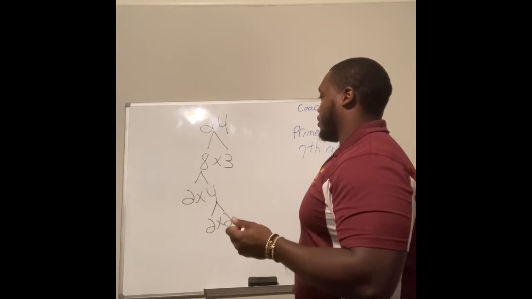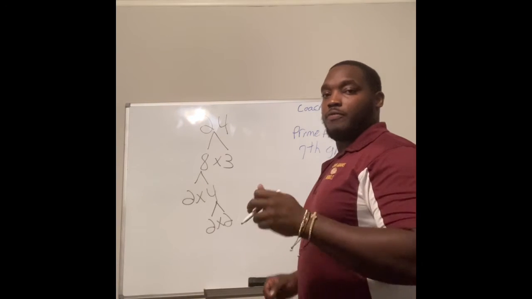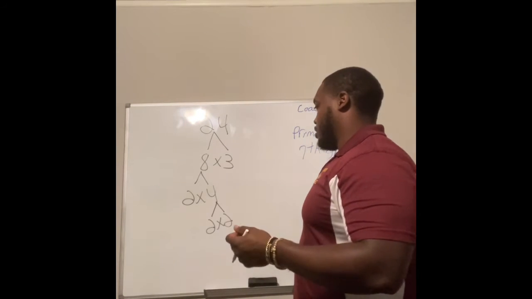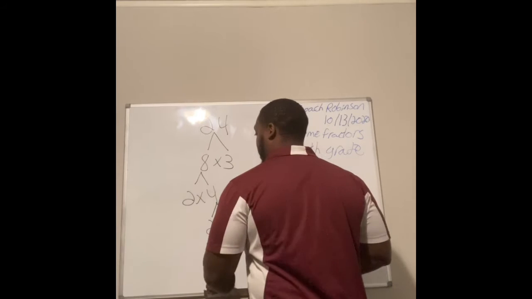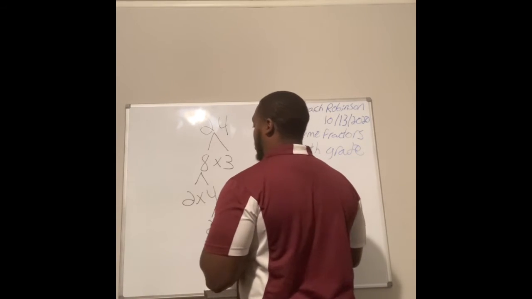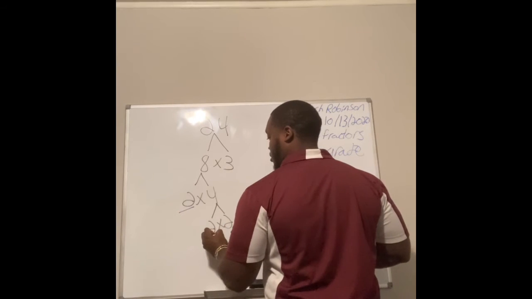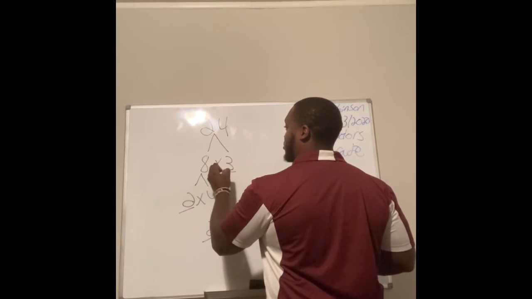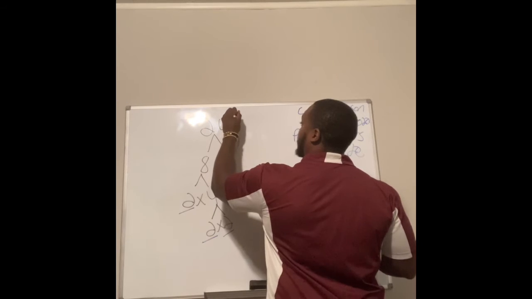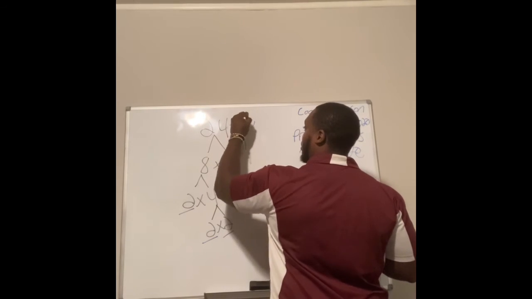So the objective is to get all of the prime numbers without composite numbers. So the final answer will be 2 times 2 times 2 times 3 is the prime factorization for 24.